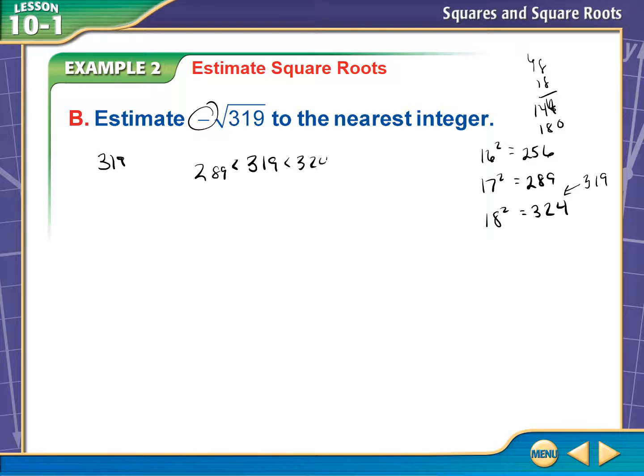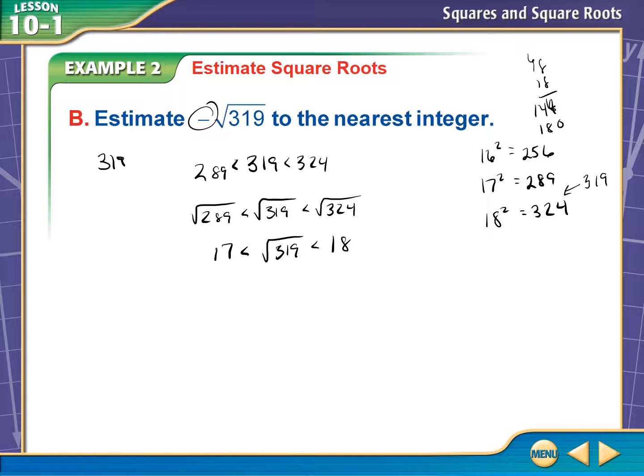Okay, so I could say 319 is between those two perfect squares, 289 and 324. So when I take the square roots of those, right, the square root of 319 should be between the square roots of 289 and 324. And I know the square root of 289 is 17, and the square root of 324 is 18. Okay.